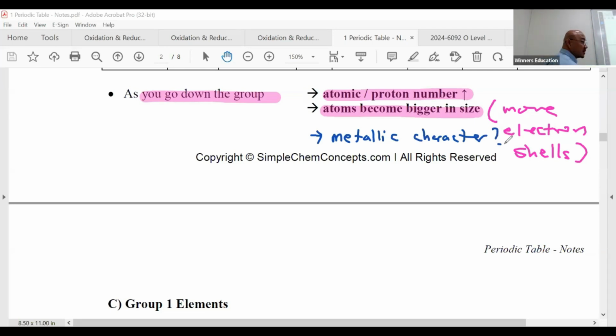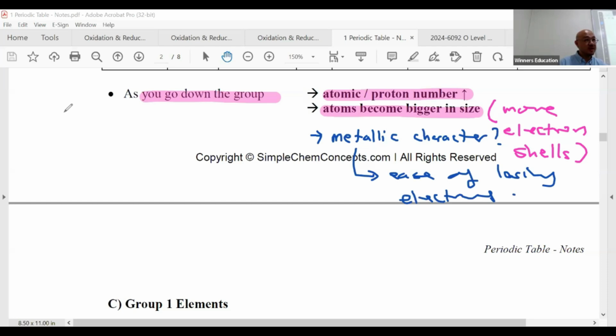So this I can also apply to group 17, the non-metal one. But I just ask you, what do you think about the metallic character? Metallic character is the ease of losing electrons.